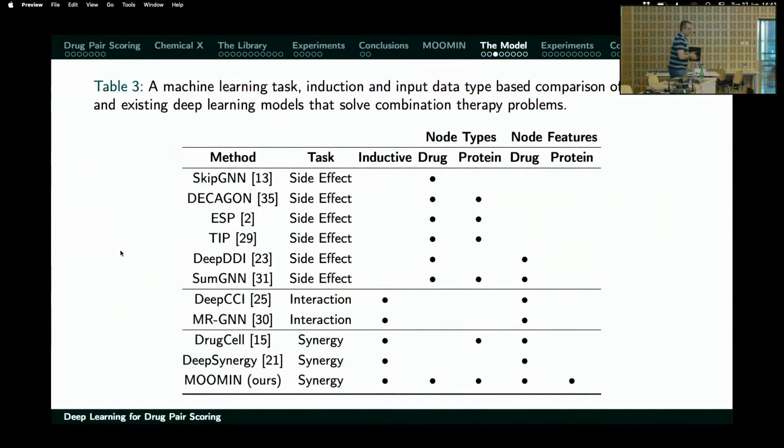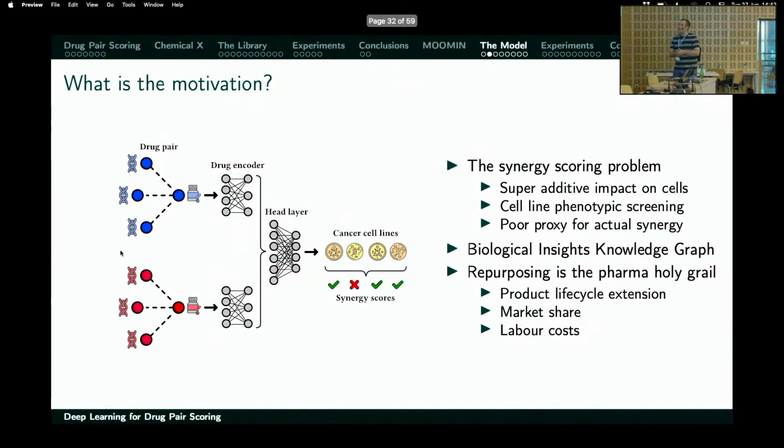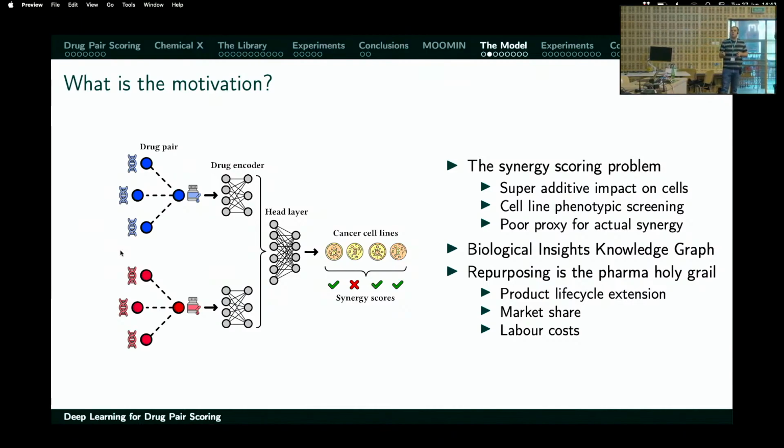Okay, so what we wanted to do and how we wanted to model this problem is, just let me go back one slide, to incorporate biological knowledge. So from now on, we will be in a setup where we will have the following input data. We will have information about the drugs, drug features, and we will also have features of the proteins that they interact with.